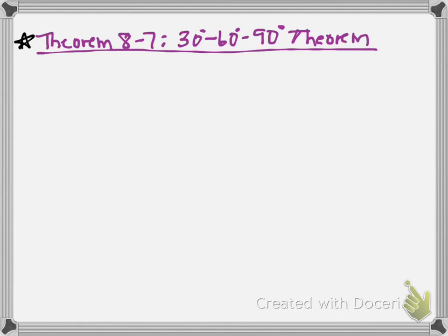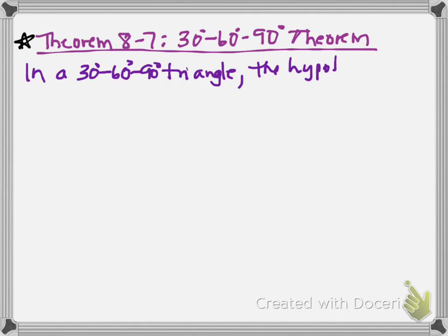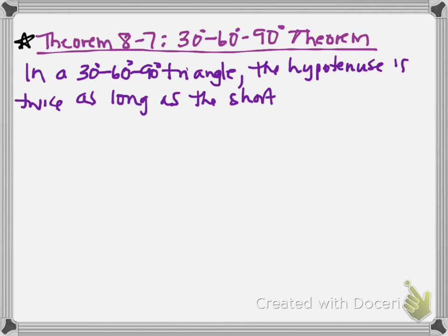So in a 30, 60, 90 triangle, the hypotenuse is twice as long as the short side, or short leg, let's say shorter leg.